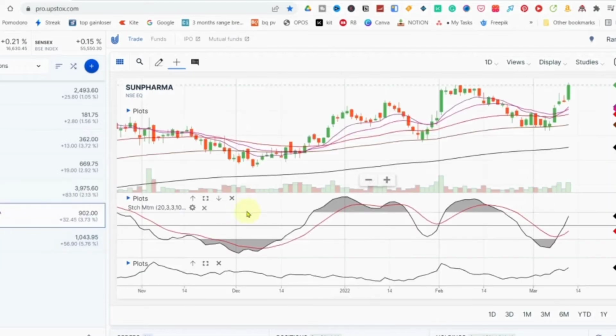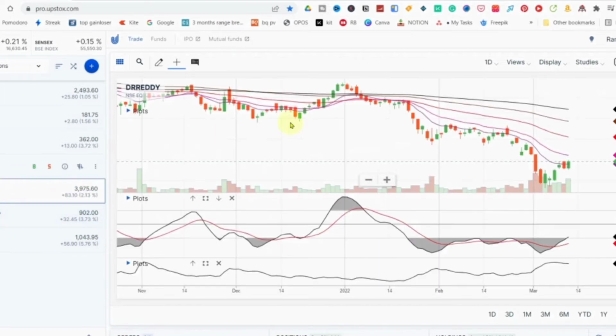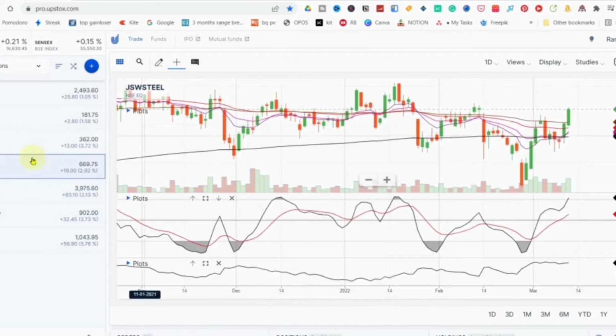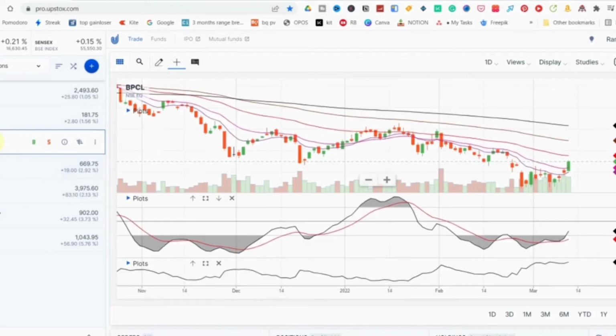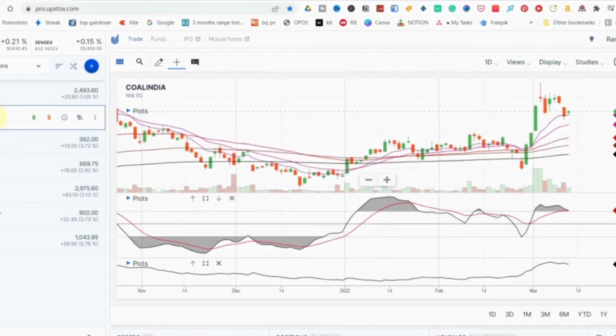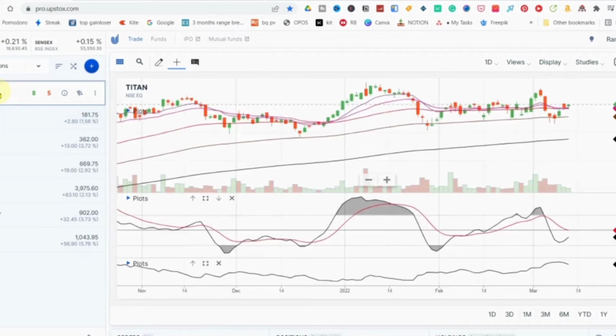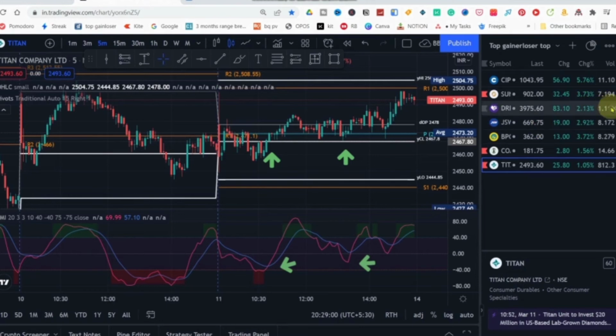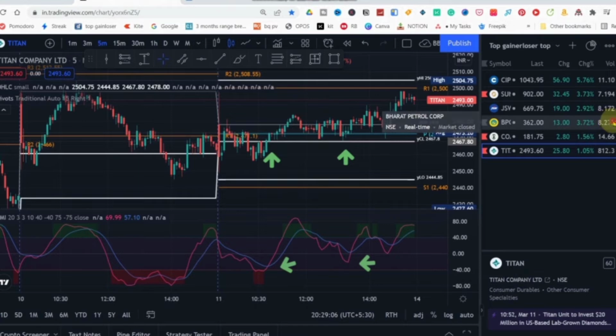Cipla is bullish, Sun Pharma is also bullish, and Dr. Reddy is not bullish, it is bearish, and JSW Steel is also bullish, BPCL is bearish, Coal India is also bullish, and Titan is also bullish. Okay, so I am removing BPCL and Dr. Reddy from the watch list. So now let's see the stocks one by one.